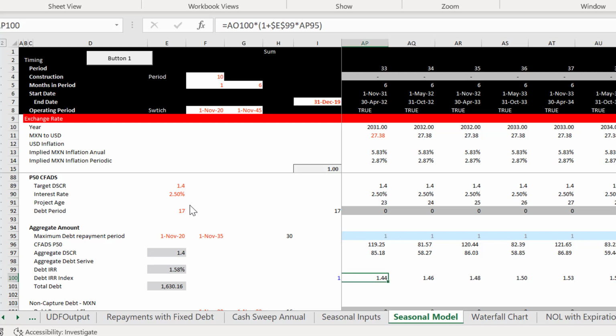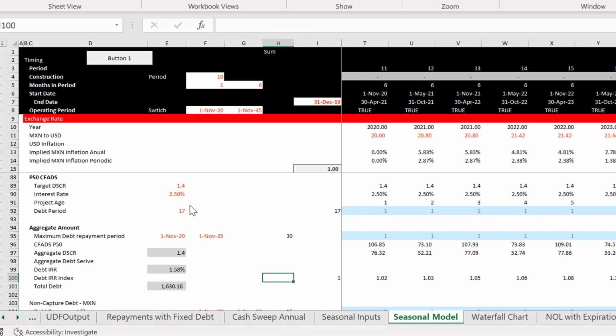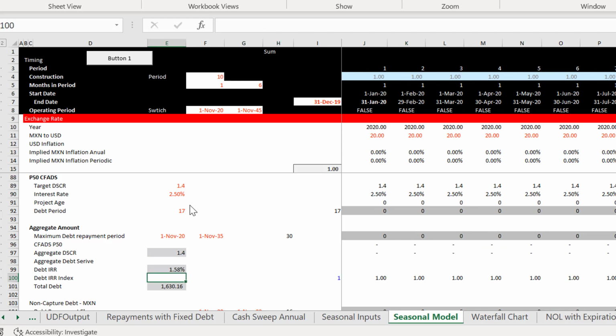Now, then you take this debt issue, you take this debt IRR, and you start the index right at the COD, or actually when the interest begins, if you've got a grace period.